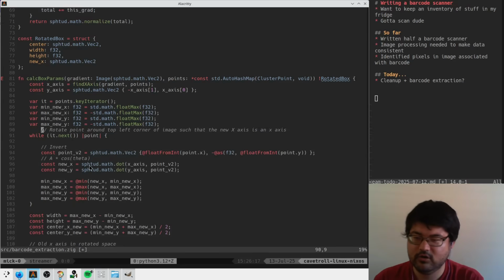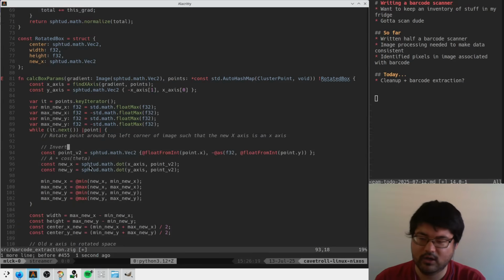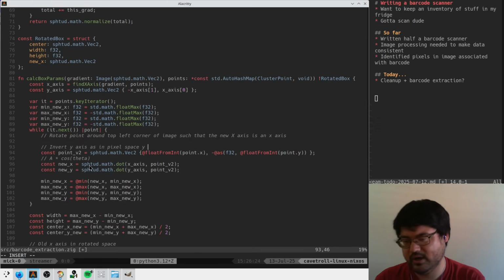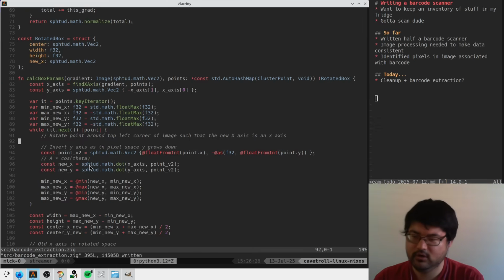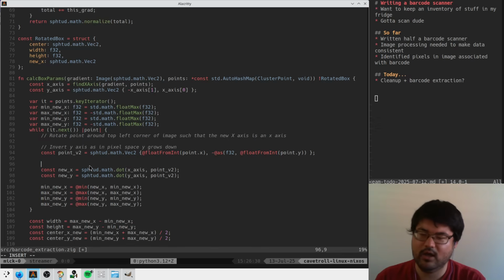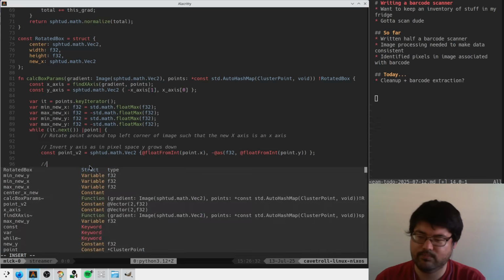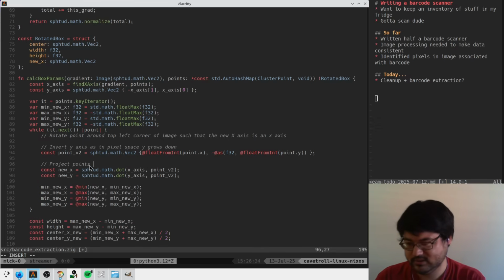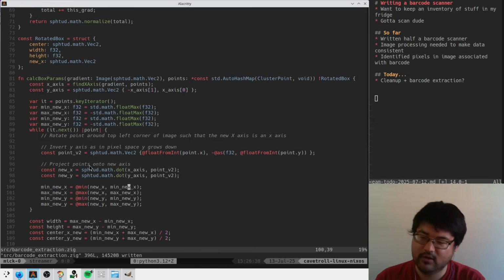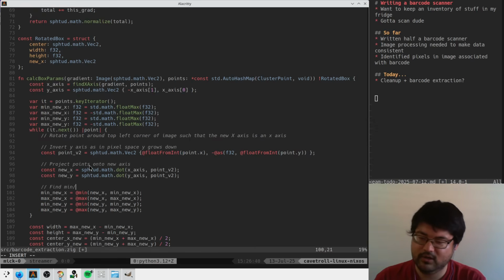Invert y-axis, as in pixel space, y is down, or y grows down. Project points onto new axes. Find min max in rotated space.